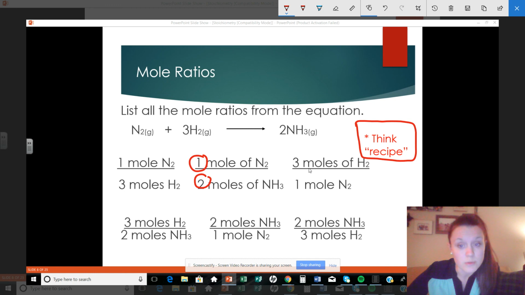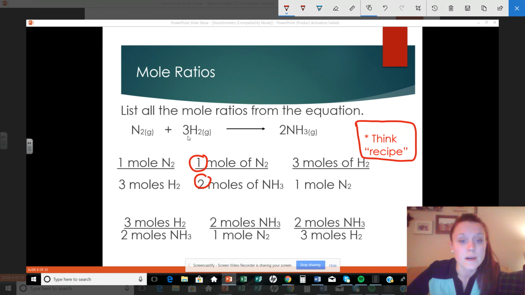The other 4 would be comparing hydrogen to the other 2 compounds in the reaction, and the last one is comparing ammonia to the other 2 compounds. These are the 6 possible molar ratios that you can use when doing any stoichiometry calculation with this particular chemical equation.